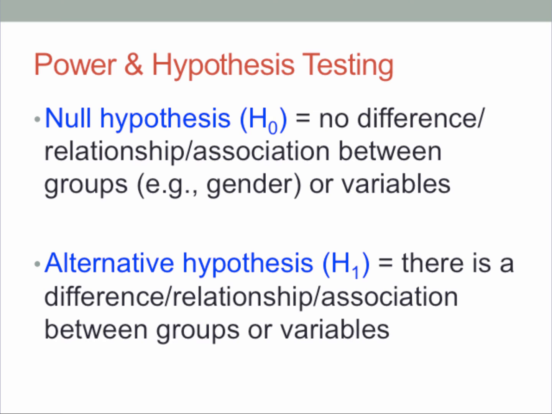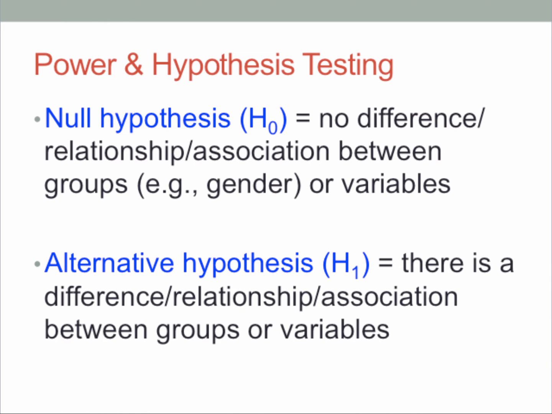Alternatively, we have our alternative hypothesis, also known as our research hypothesis, where we do posit that there is a difference between groups, or that there is a relationship or a correlation between variables. Within this alternative hypothesis, we have different types: non-directional, which is your two-tailed test, or a directional hypothesis, which means it is a one-tailed test.